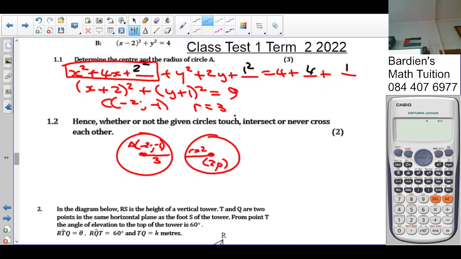So if you're looking at the radius 1 plus radius 2, it is equal to 3 plus 2, which is 5. Then you determine the distance between the two centers.